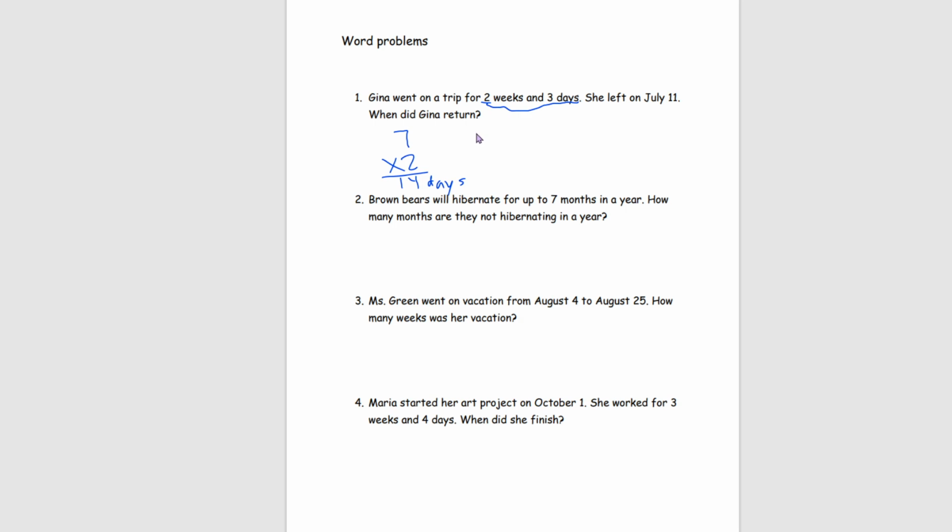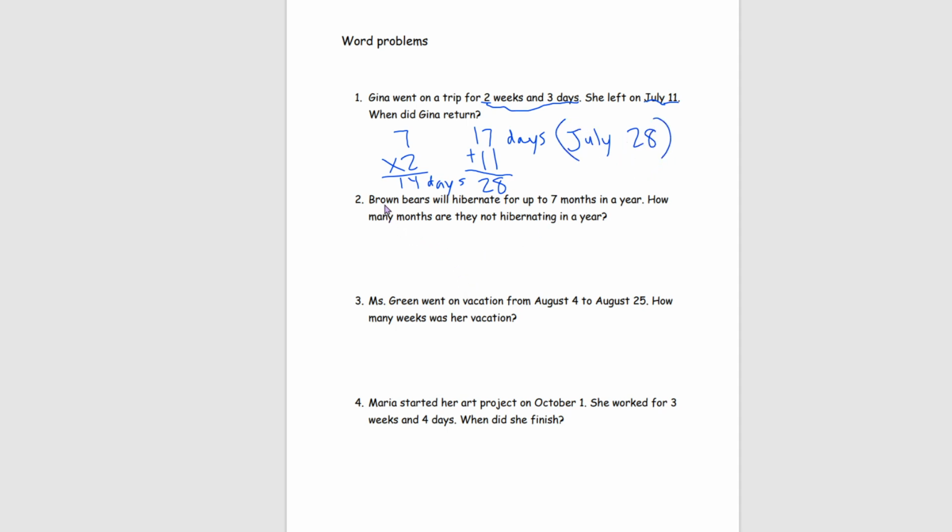We can add 3, which gets us 17 days in total. Since she left on the 11th of July, we can add 11 to 17 to get 28. 28 is still in July, so we know that Gina returned on July 28th.